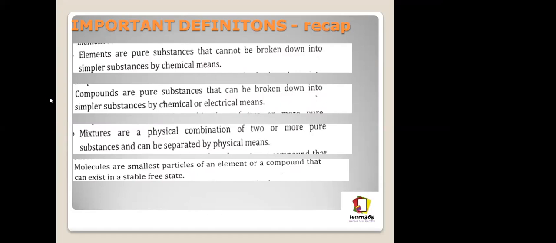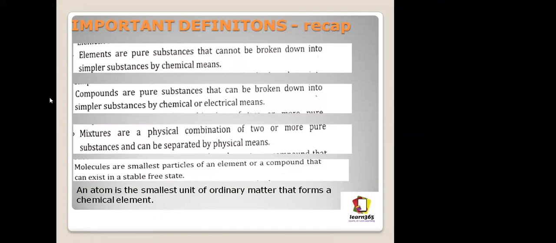Can you repeat the question? The smallest particle of an element that cannot exist in an independent way. Molecule. Molecules can exist in a stable free state. Electron. An atom. Electron. That's right. Yes, Yana. Yes, yes, Caleb. Yes, it's the atom.